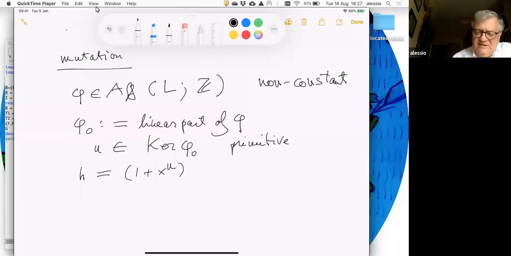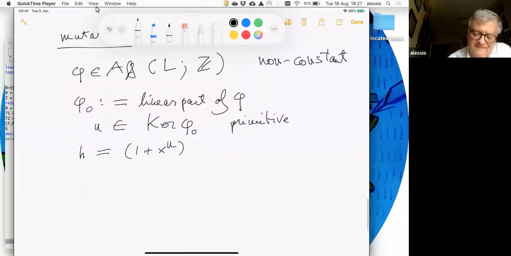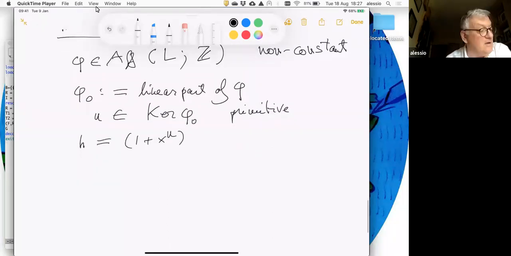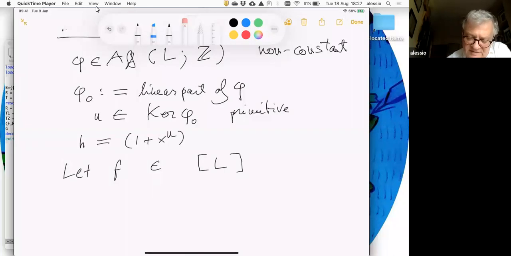Armed with this data, I can now discuss mutations. So let f be a Laurent polynomial. Sorry, I decided to use k rather than c.